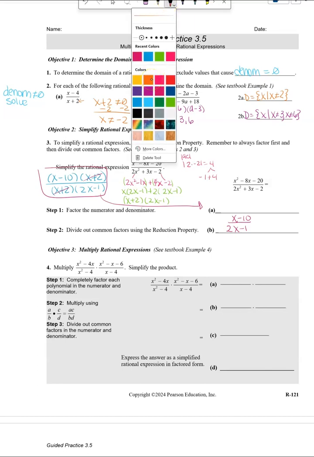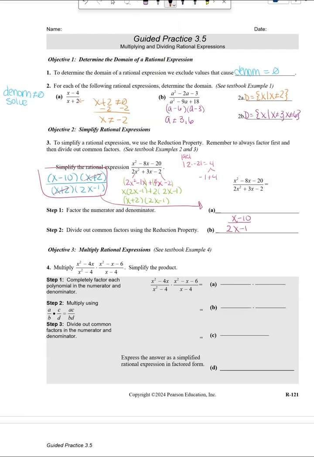Now we're going to multiply these and simplify the product. The first step is to completely factor each polynomial in the numerator and in the denominator. To factor our first one, the greatest common factor between these two is x, so we have x times x minus 4.